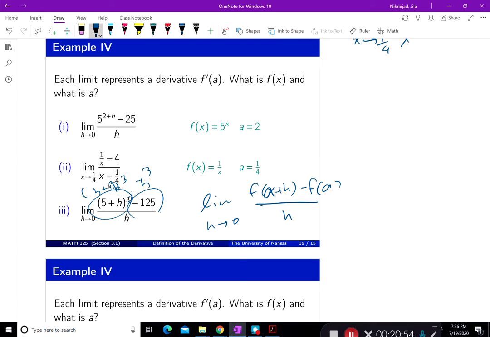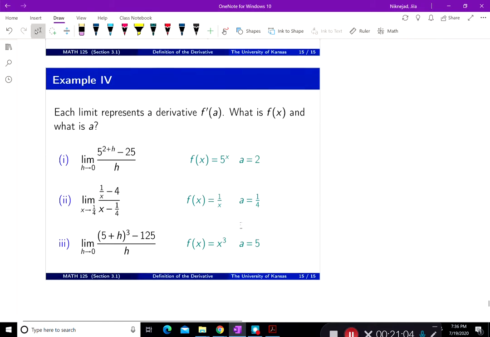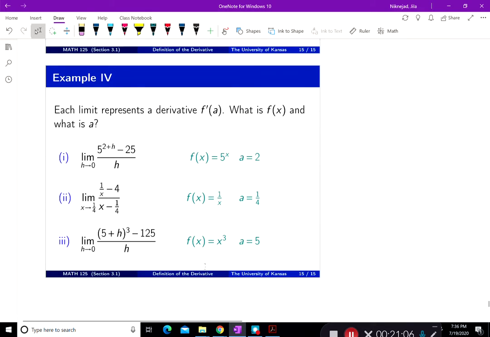So it seems like f of x should be x to the power 3, and that makes a equal to 5. Now, how do I find this limit? Again, every time the derivative exists, the limit definition of the derivative is of the form 0 over 0. So you have to follow the knowledge that you have for limits of the form 0 over 0.